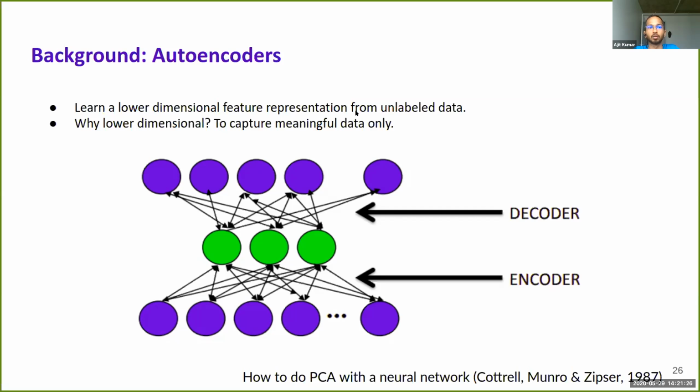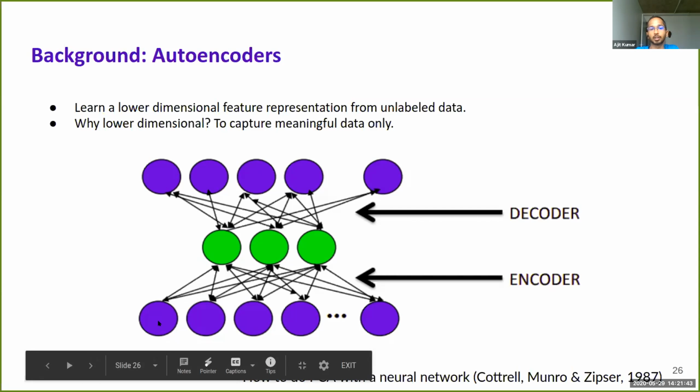Sure. So in autoencoders, as the professor mentioned, we try to learn a lower dimensional representation of the data, and then we try to learn these features which are able to essentially recover the original data from the input. So let's say that we have some number of neurons here.